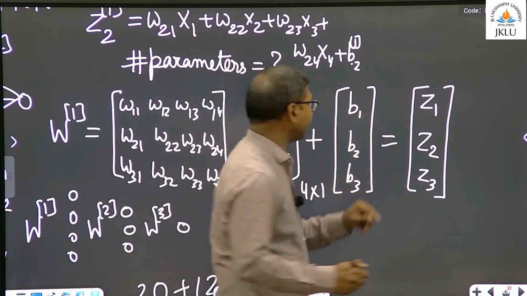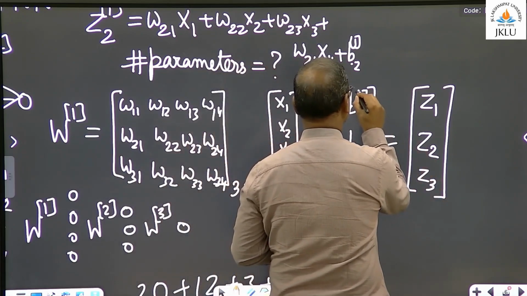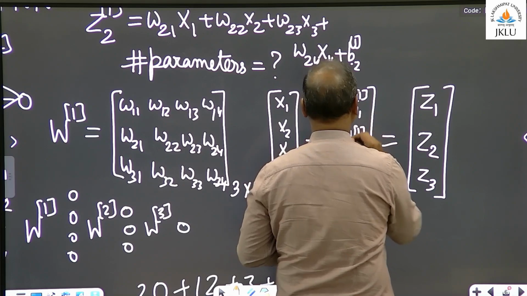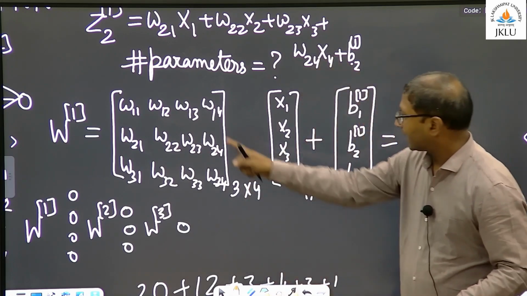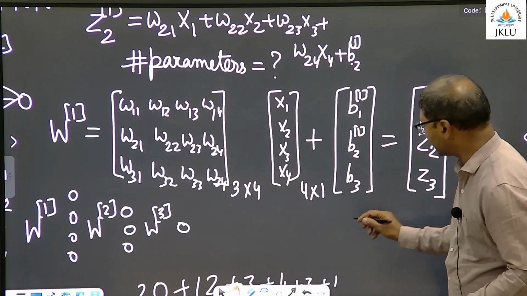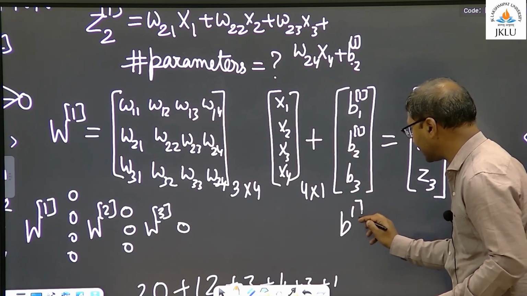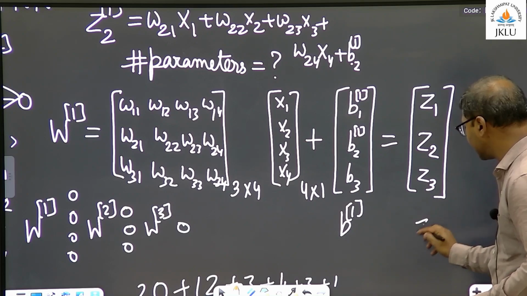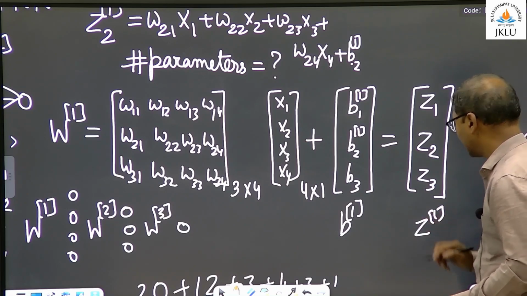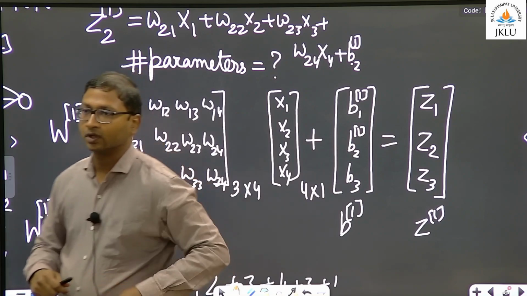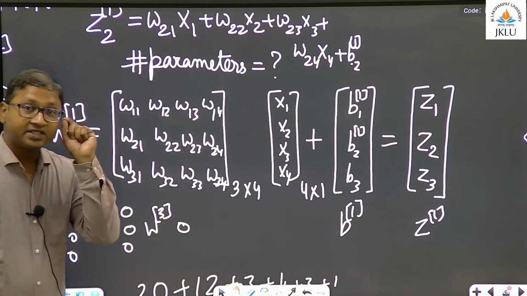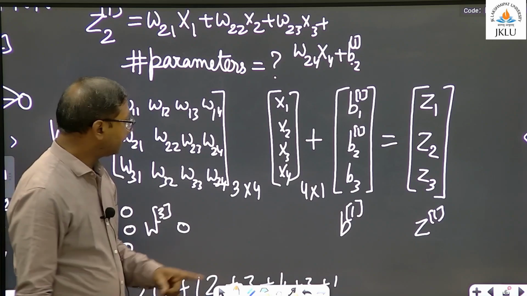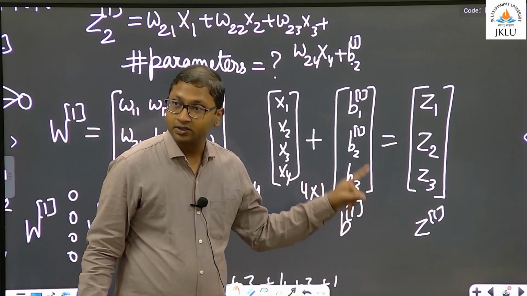Now, I should have written actually 1 here, 1 here. Why am I not doing it? I am calling it W1, I am calling it X, I am calling this vector as B1 and this vector as Z1. Even a single doubt, however silly you might think it is, still ask.